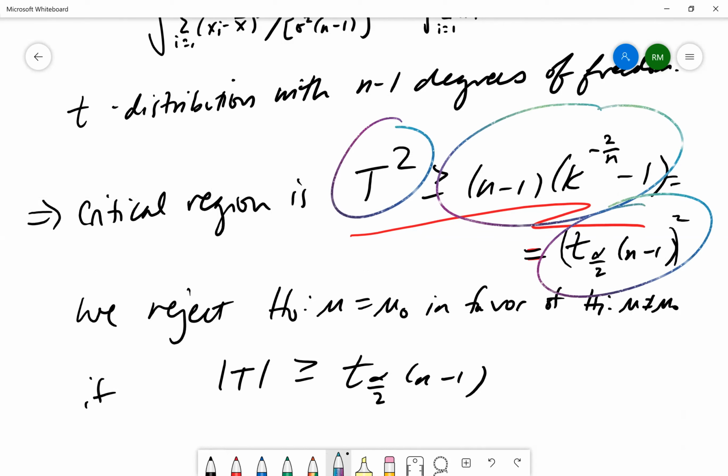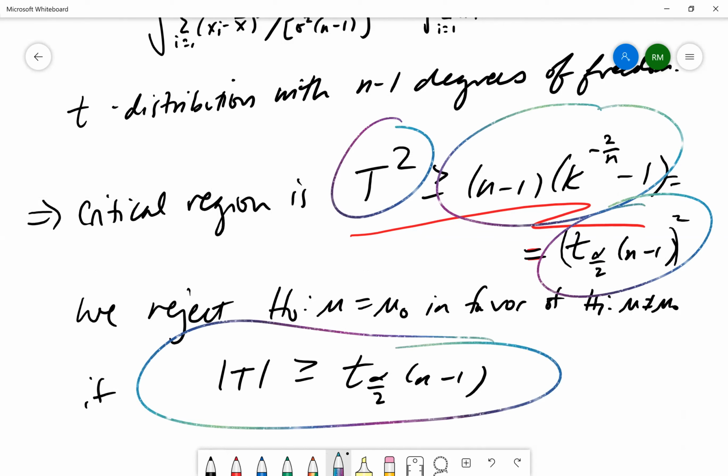And so what that's saying is that the critical region defined by this likelihood ratio test is the same as the critical region that's defined before.